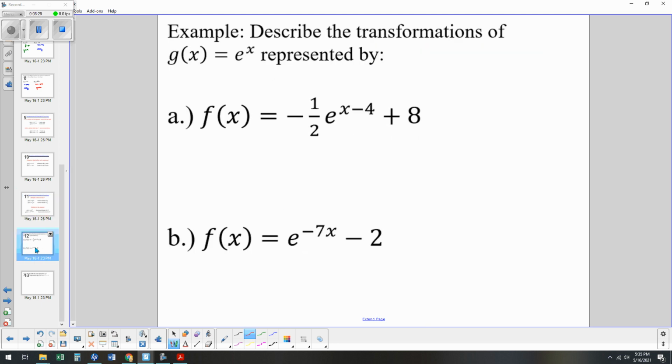So knowing all that, we should be able to look at a function and describe the transformations that are occurring. And you will definitely have to do something like this on your final. So let's look at it one piece at a time. The negative out front is happening not to the x, so it happens to the x. So it's a reflection in the x-axis.